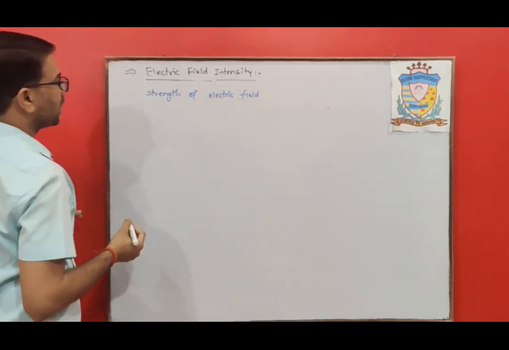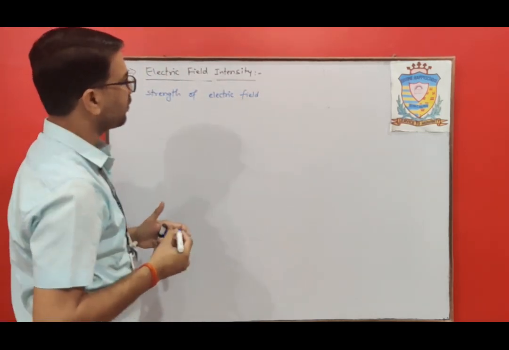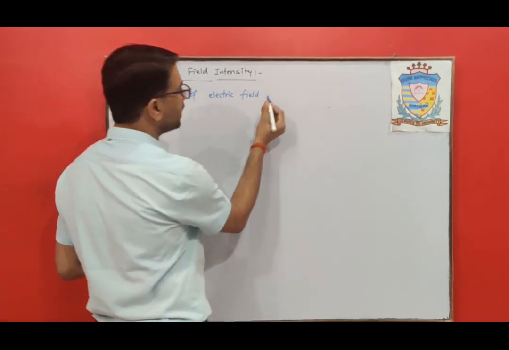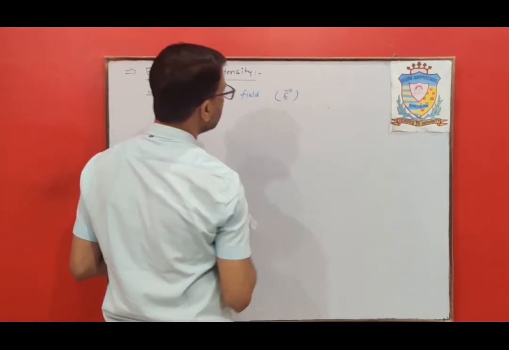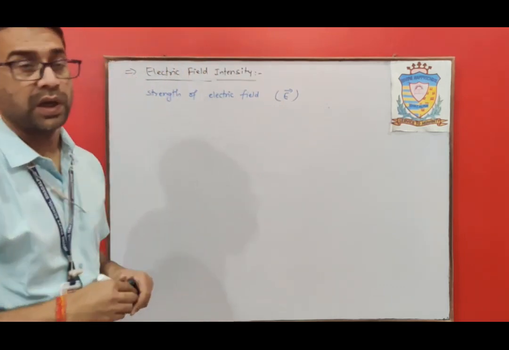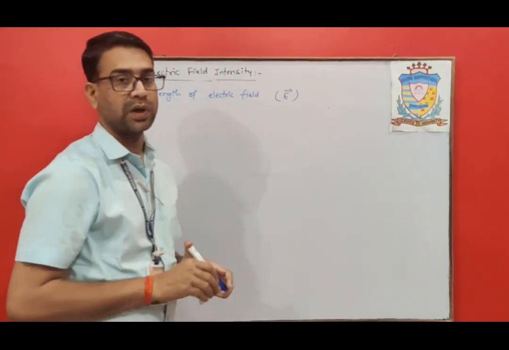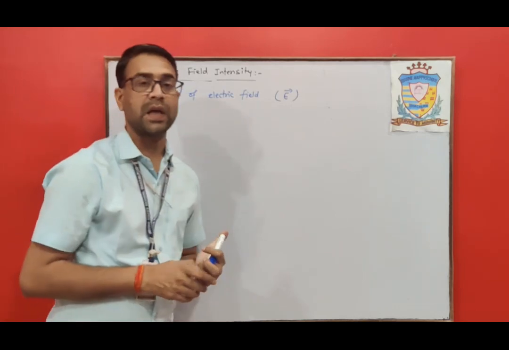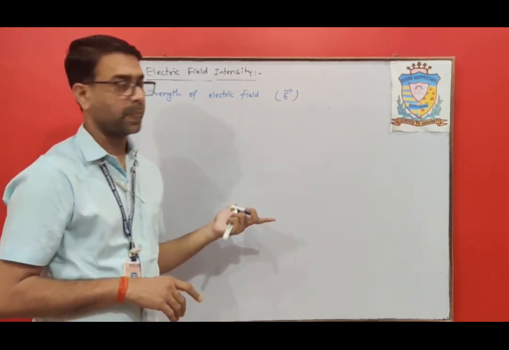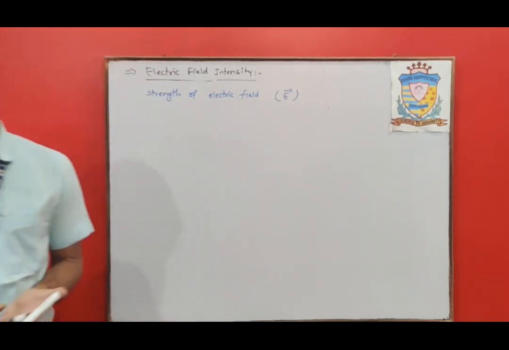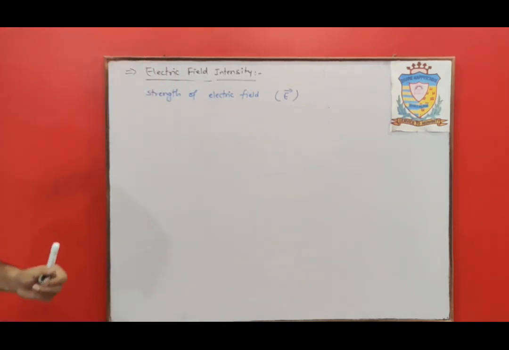The strength of electric field is known as electric field intensity. It is represented by E, and it is a vector quantity. Now the question is, what is its direction? Its direction is along the direction of force. Clear? So what will be the definition?